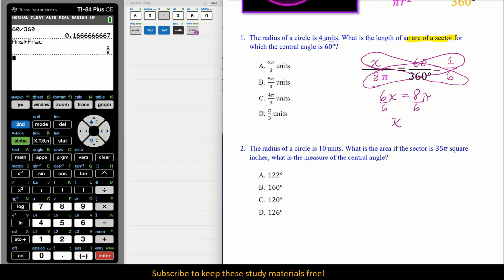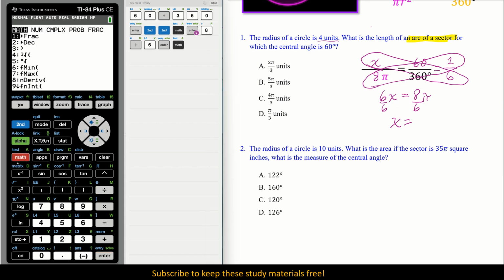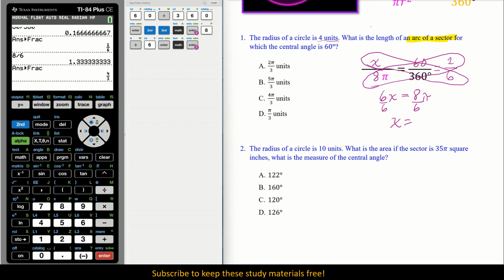So now we get x equals 8 over 6. I can already see what that is, but if you can't, it doesn't matter. If the numbers are large and dicey, you've got your calculator. So 8 divided by 6, push enter, then go back to math as before. It's highlighted on fraction, push enter, enter, and 4 over 3.